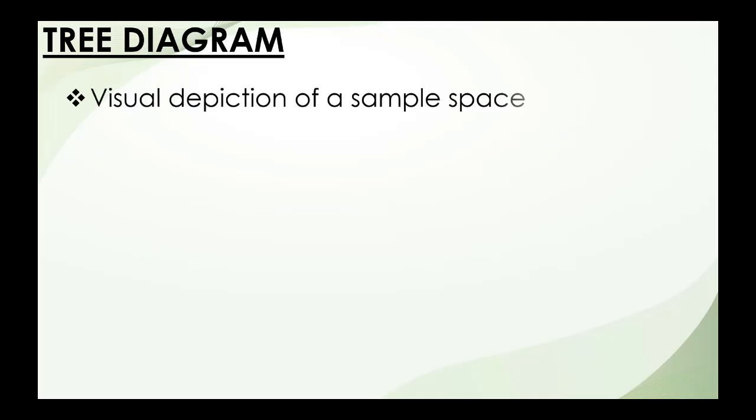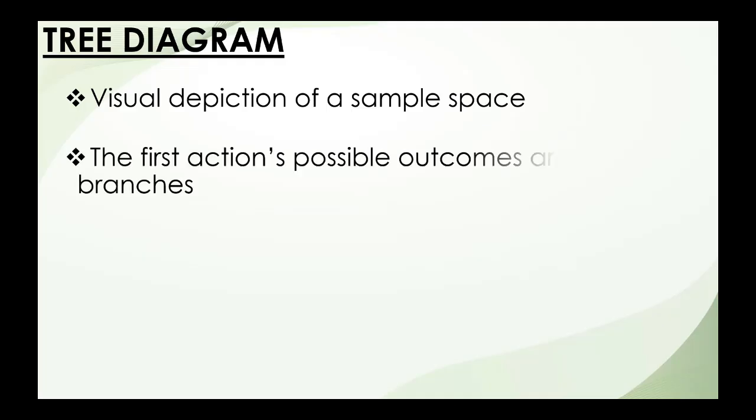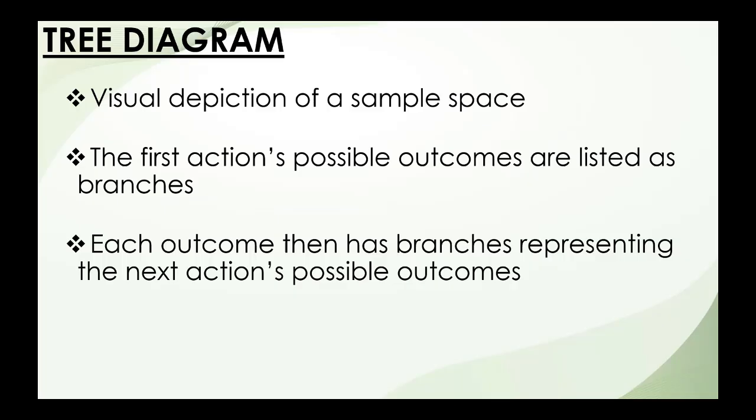So what is a tree diagram? Well, a tree diagram is a visual depiction of a sample space. You take your first action and you write all the different possible outcomes from that first action as branches on a tree. Then, after that's been done, you ask yourself, what's the next action? And each outcome after that has branches representing the next action's possible outcomes.